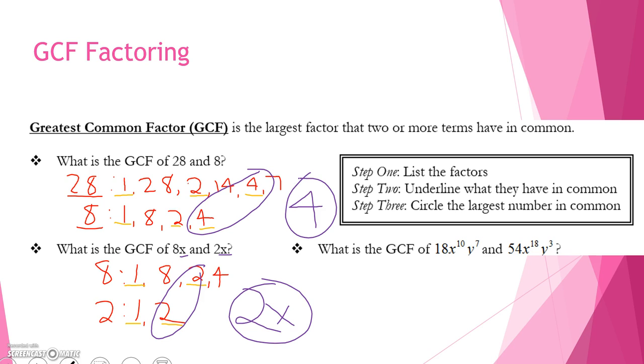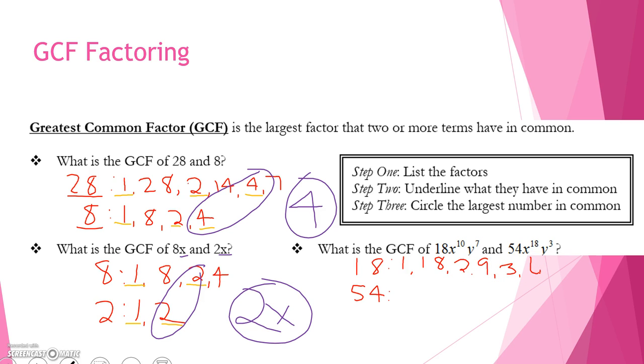Last one. GCF of 18x to the 10th, y to the 7th, and 54x to the 18th, y to the 3rd. So I start with the numbers, 18 and 54. I could use my calculator because they're kind of big numbers, if you want. If you put 18 in the calculator, you would get 1 and 18, 2 and 9, 3 and 6.